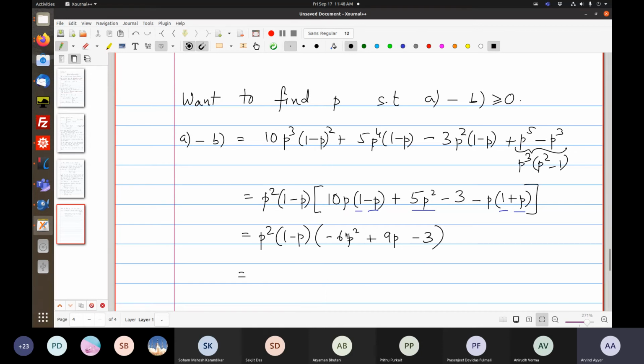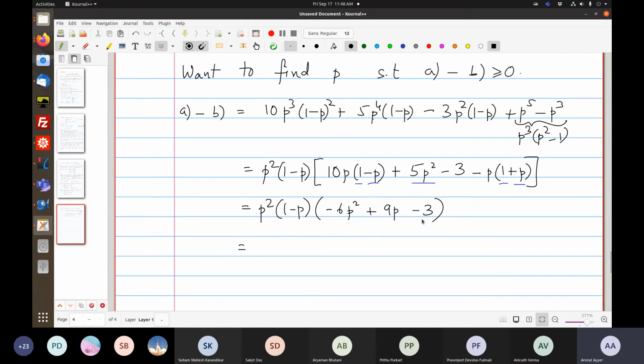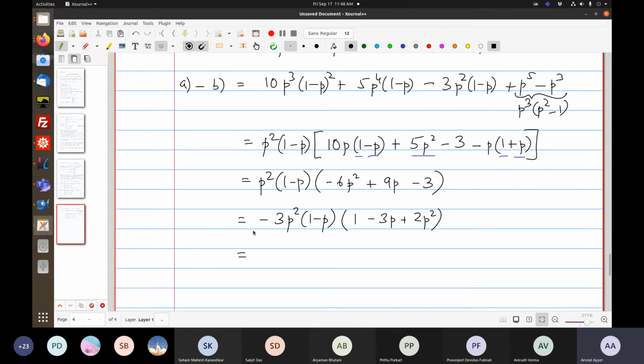So you notice that 3 is a common factor, and there are unnecessary minus signs. So I'll take minus 3 outside, so I get minus 3p squared 1 minus p, and I'll write this as 1 minus 3p plus 2p squared, which as you all know factors into 1 minus p into 1 minus 2p.